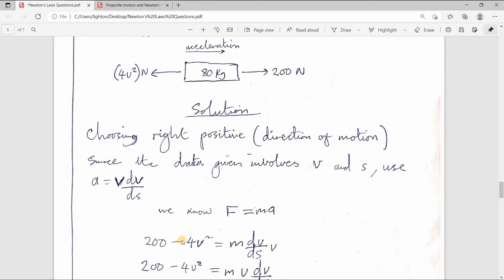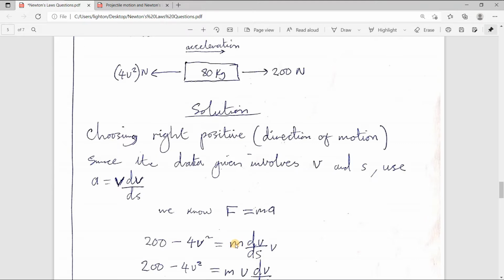So 200 minus 4v squared is equal to ma. Now m, a, and a is just v dv over ds, which is the same as putting this v in front there. I might have forgotten to put it first here.